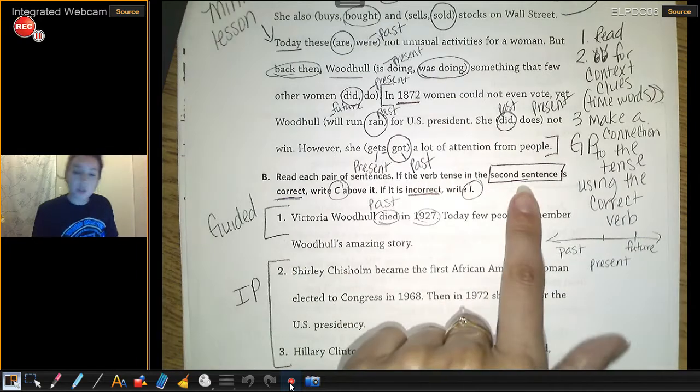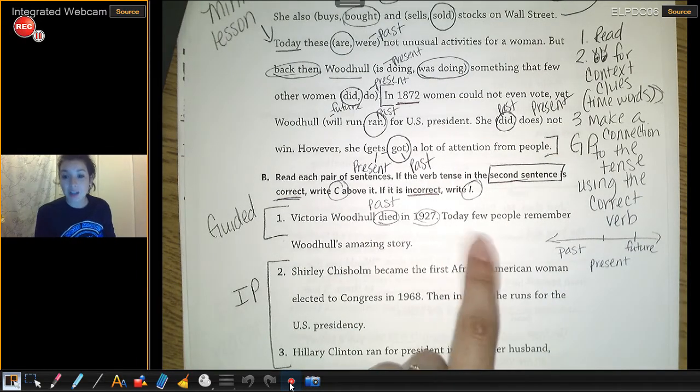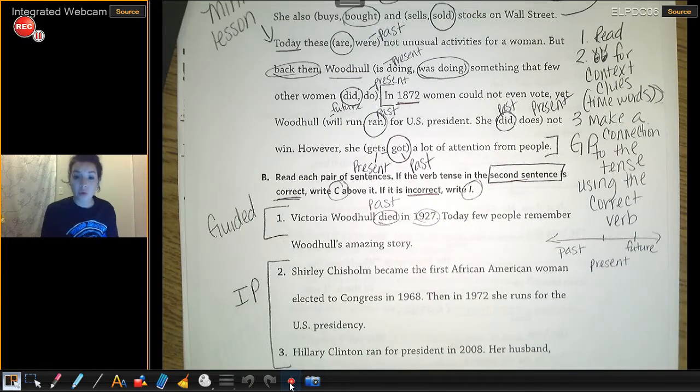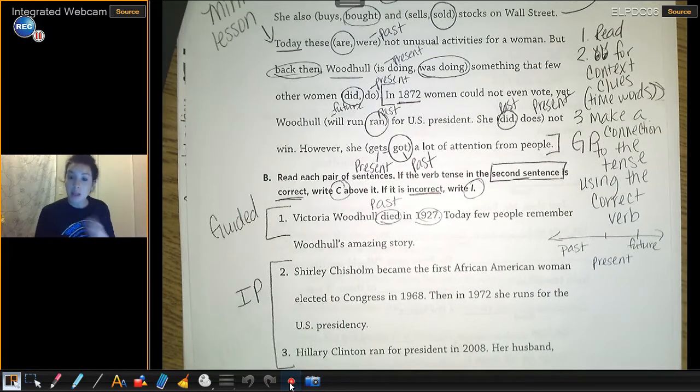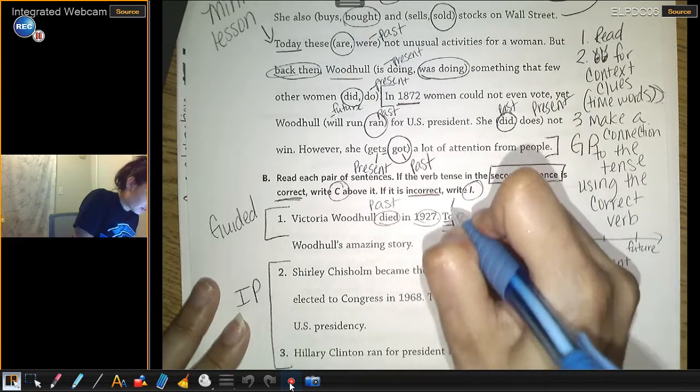But we need to focus on which sentence? The second. So I look at it. It says, today, few people remember Woodhull's amazing story. That might be true, because actually today I honestly didn't really know a lot about Woodhull until we read the story. Now look at my time word here.